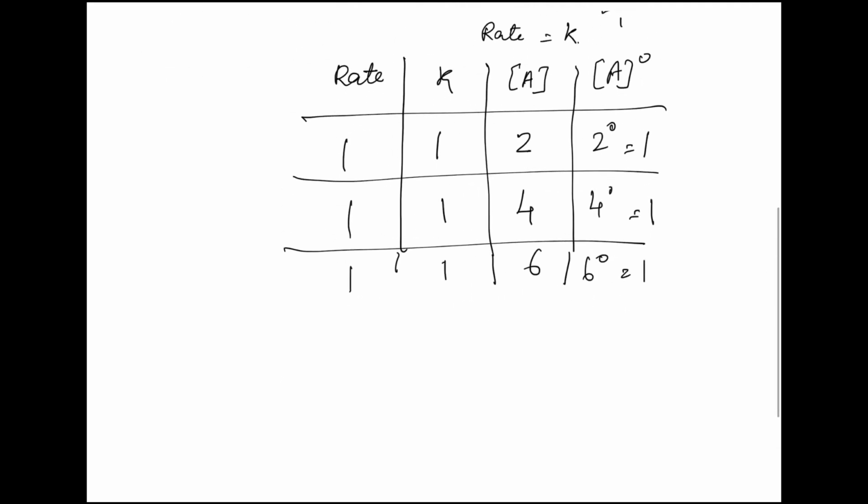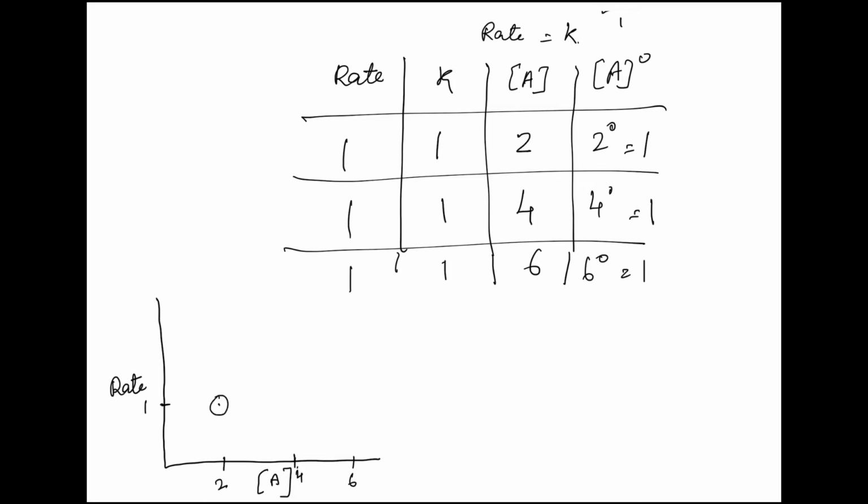Now, if we plot a graph between rate and concentration of reactant, then it is 2, 4 and 6, and the rate is 1, 1, 1.